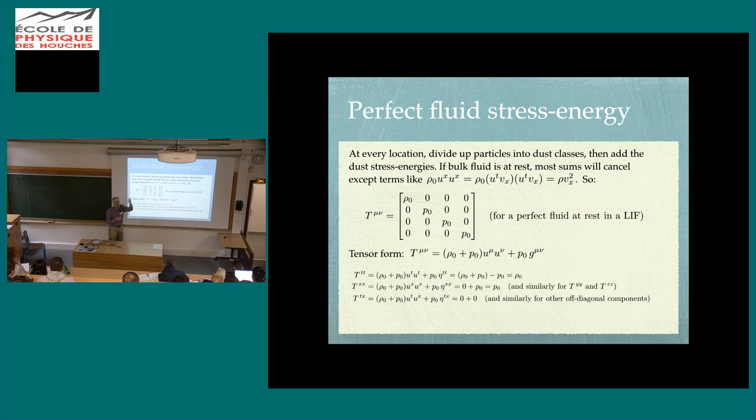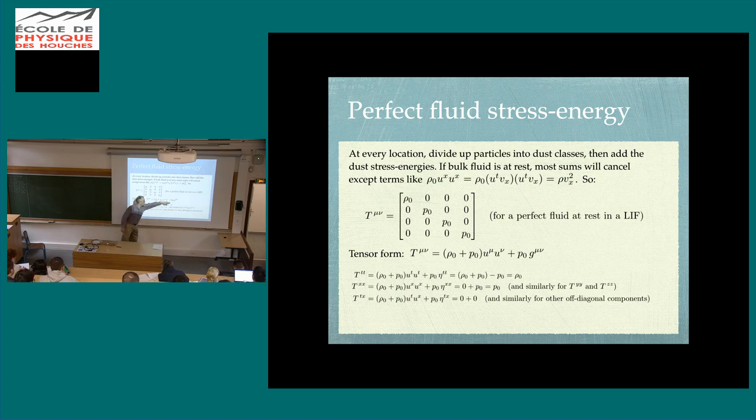And so if you add up all the dust classes, they're all going to cancel out. And the only ones that aren't going to cancel out are the time component, which will always add, and then xx, yy, and zz, because you'll get squares. You'll get Vx squared instead of Vx times Vy, and that will integrate to 0, but Vx squared won't integrate to 0.